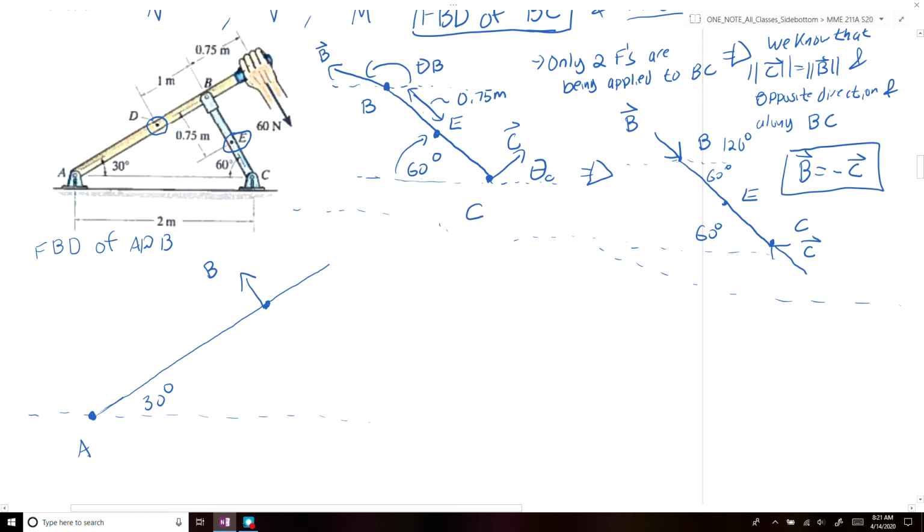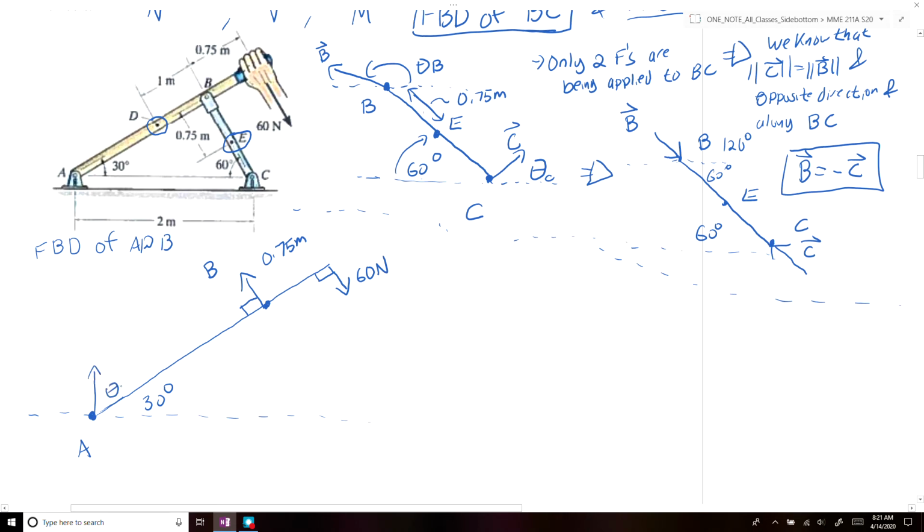All right, and we know that the angle between force B and the member is a 90-degree angle here. All right, and then we know that 3/4 of a meter down from point B, we have an applied force of 60 newtons. All right.